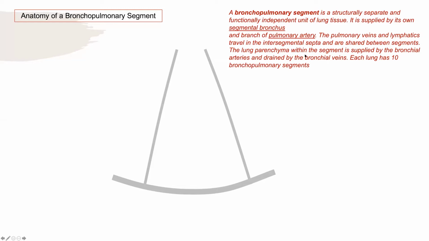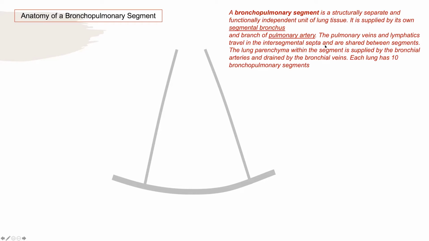So the lung parenchyma within the segment is supplied by bronchial arteries. You remember when we were talking about the blood supply of the lung, I said the bronchial arteries are the ones supplying oxygenated blood to the lung tissue. Gas exchange happens through the pulmonaries, but the supply for the lung and the pleura comes from the bronchial arteries and is drained by the bronchial veins.